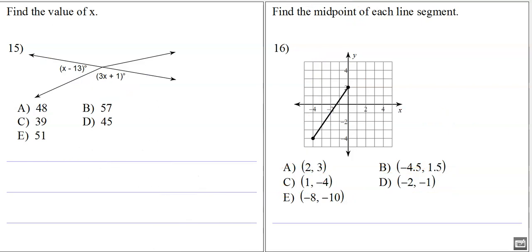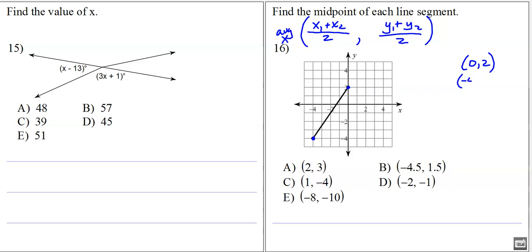Now, the mathematical way you should do this is the midpoint formula: you add the two x's and then divide by 2. Basically, that finds the average of the x coordinates. And then you average the two y coordinates, and that should give me my location. When I fill in the dots here, this point is at 0, 2, and this point here is at -4, -4.